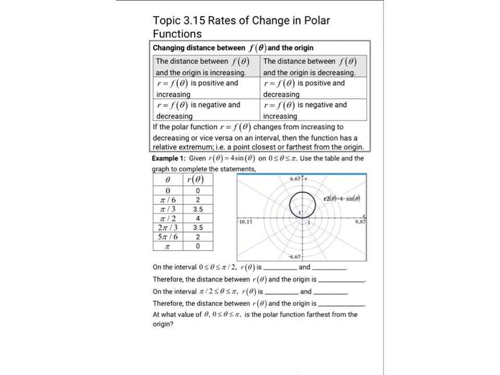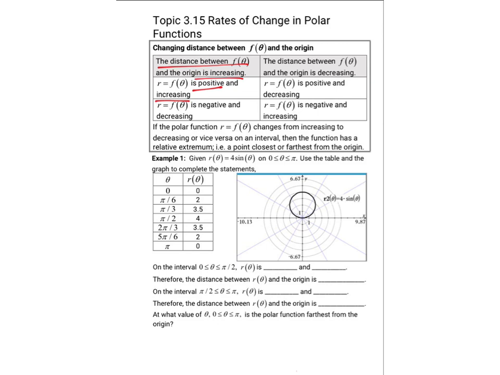It says the distance between f of theta and the origin is increasing if r is positive and increasing. So your signs have to match.